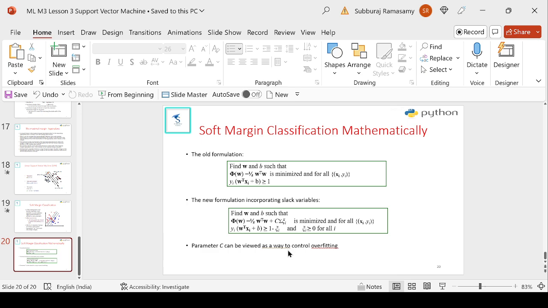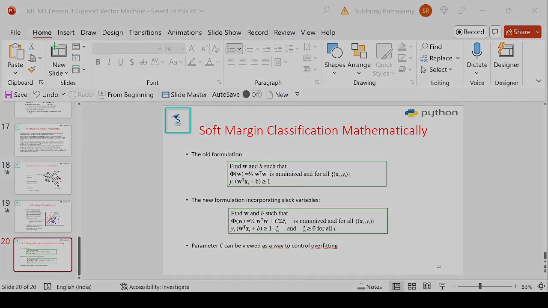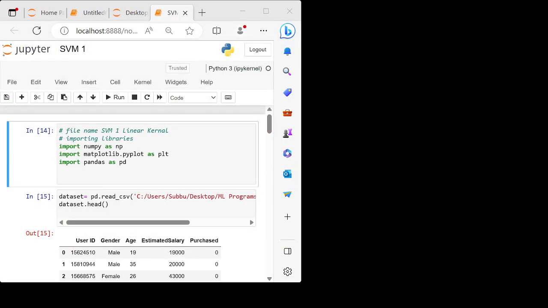Okay, this is all about the linear classifiers. Now let us do the implementation of a support vector machine as a linear classifier.